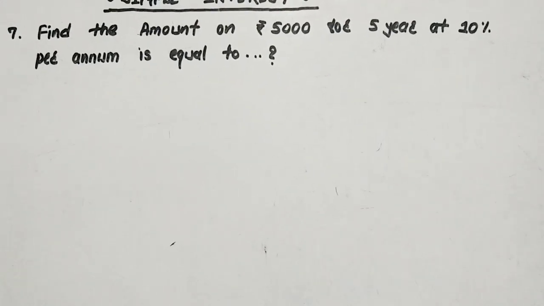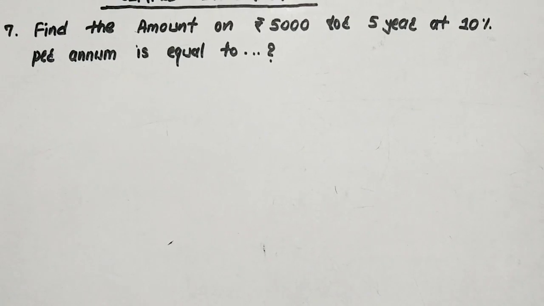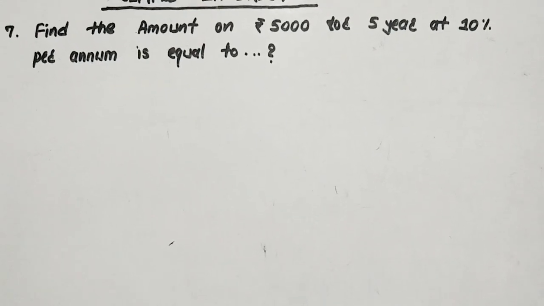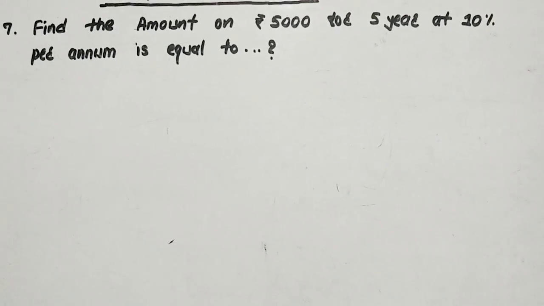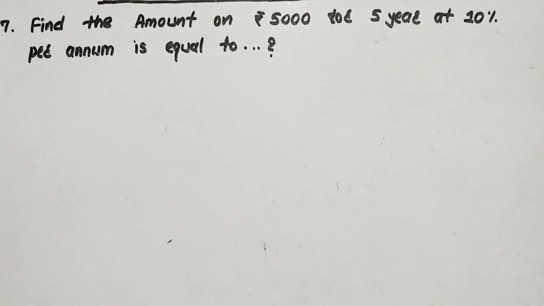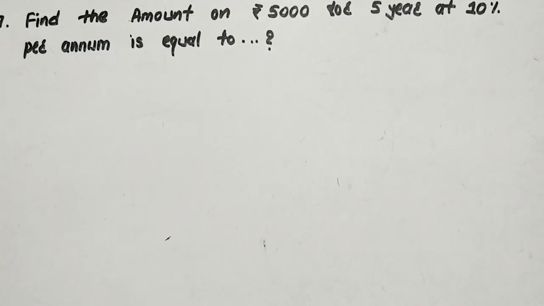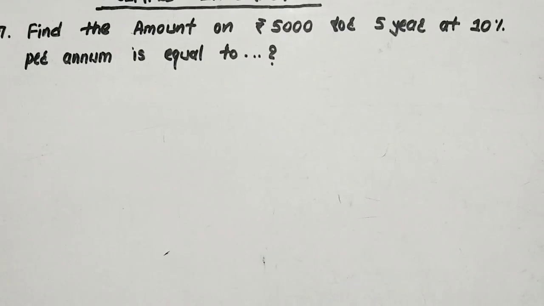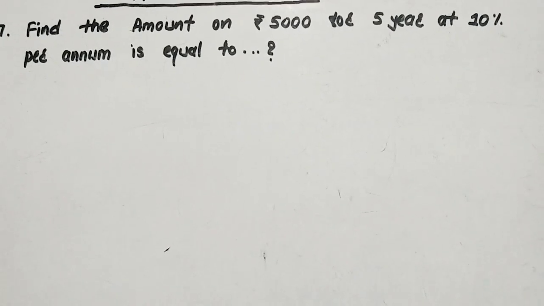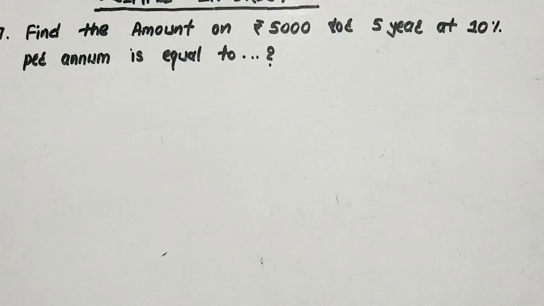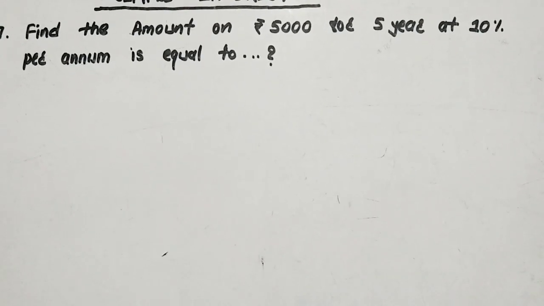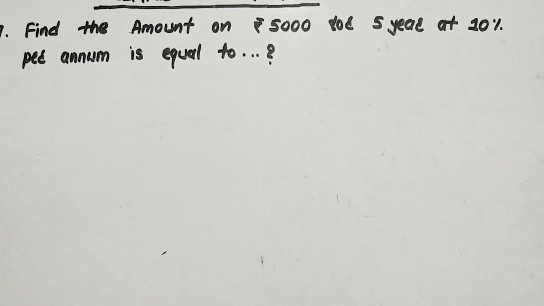So first we find out the simple interest, then we will move towards the amount. But we have to find out the values of principal, time and rate of interest, right? So principal is equal to 5,000, time is equal to 5 years, and rate of interest is equal to 10%. So first I will write here.